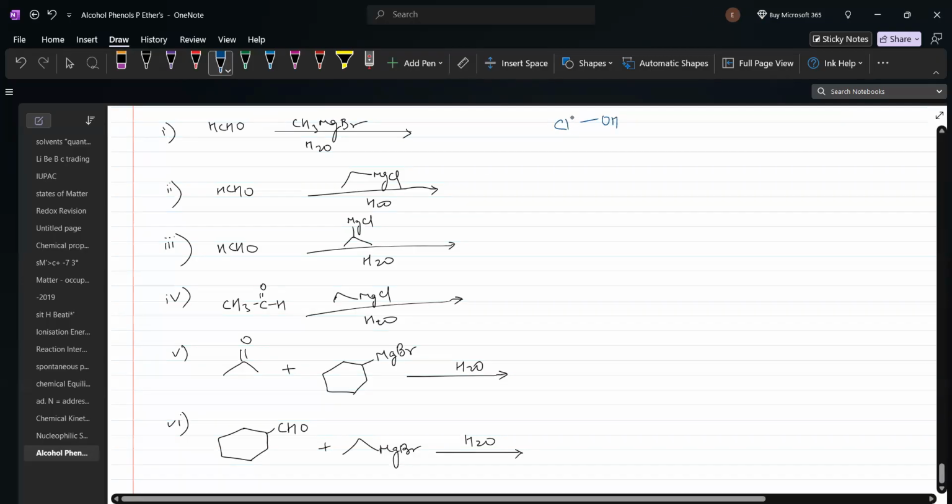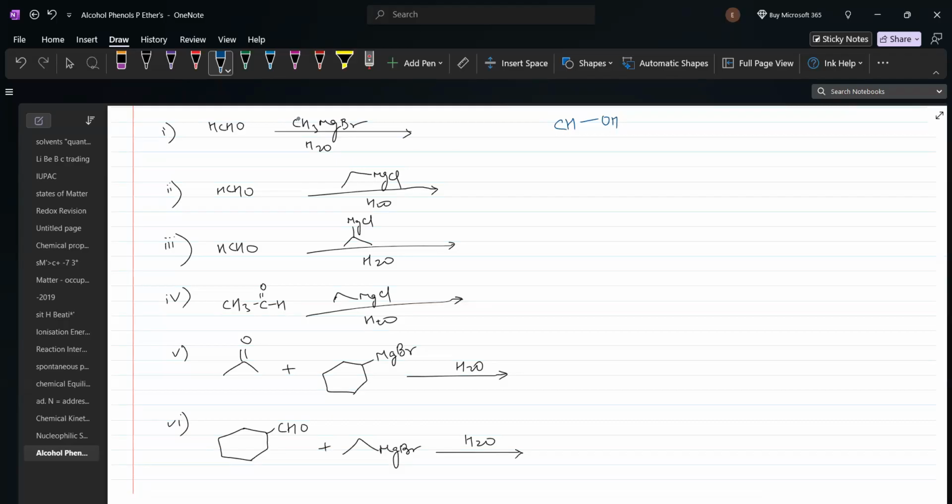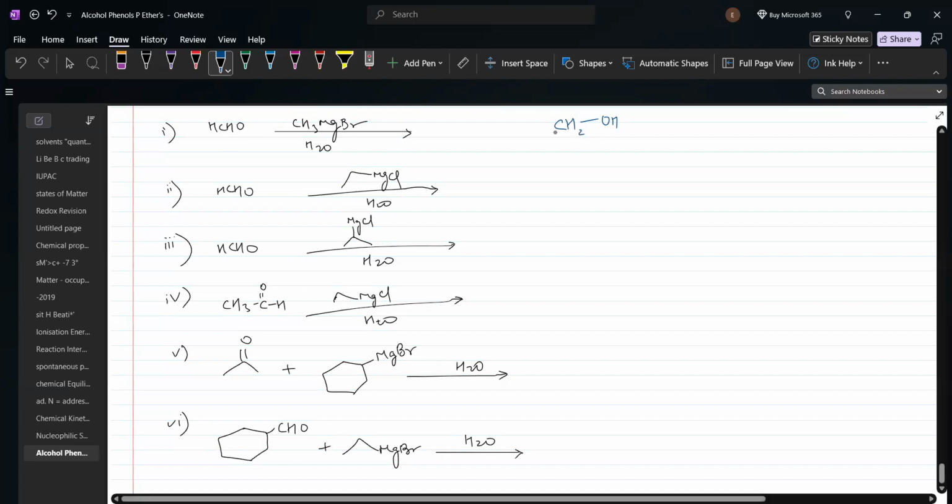And this CH3MgBr, CH3 will have negative charge, a partial negative charge. It will attack on this carbon. Sorry, this carbon is having two hydrogen already. So this CH3 will attack and will make a bond.